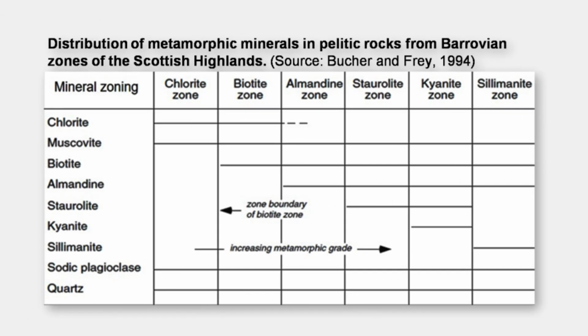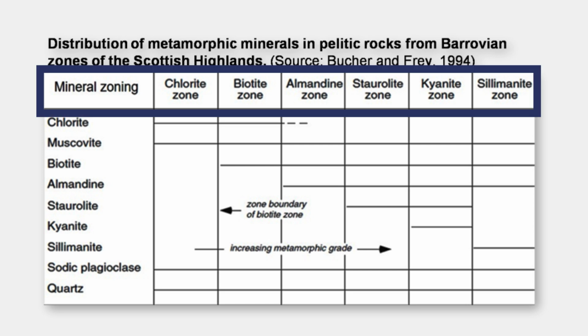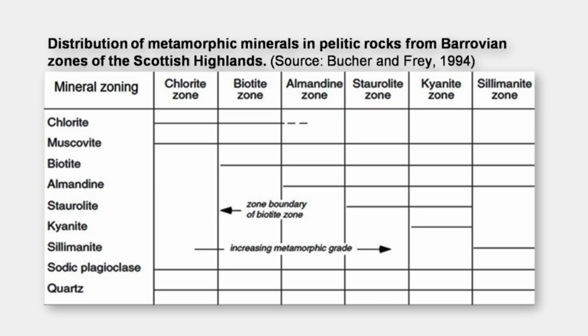The distribution of metamorphic minerals in pelitic rocks from Barrovian zones of the Scottish Highlands is shown over here. For the mineral zoning, let us start with chlorite, muscovite, biotite, almandine, staurolite, kyanite, sillimanite, sodic plagioclase and quartz. The first zone is the chlorite zone.